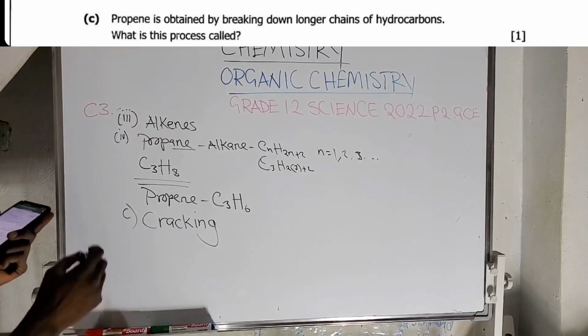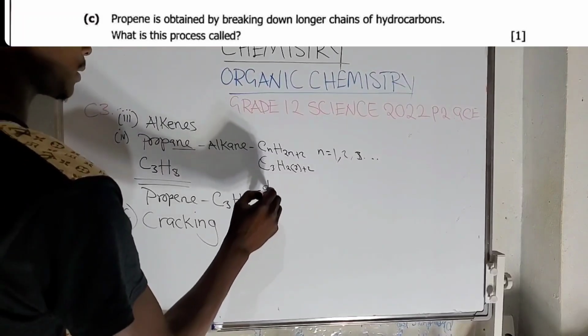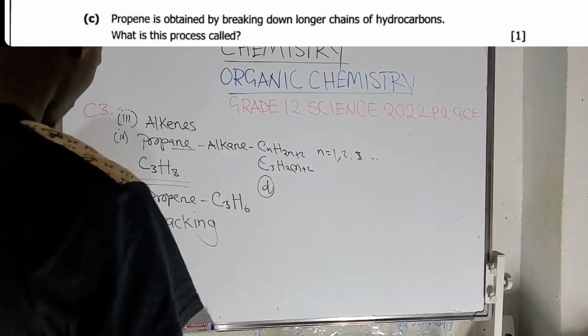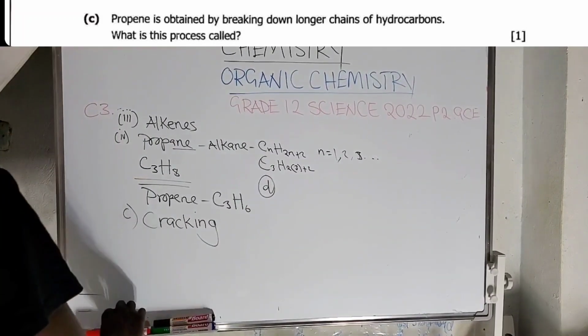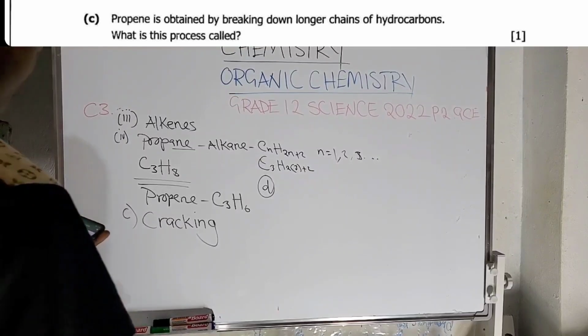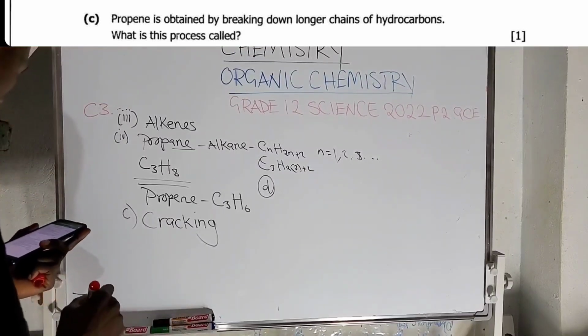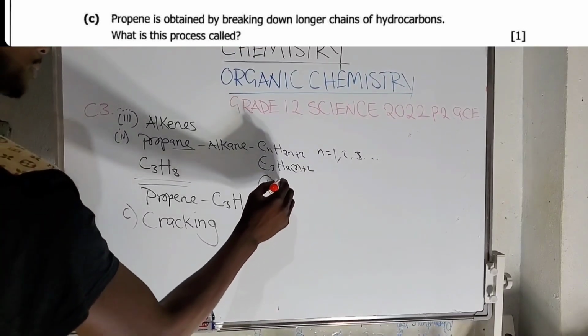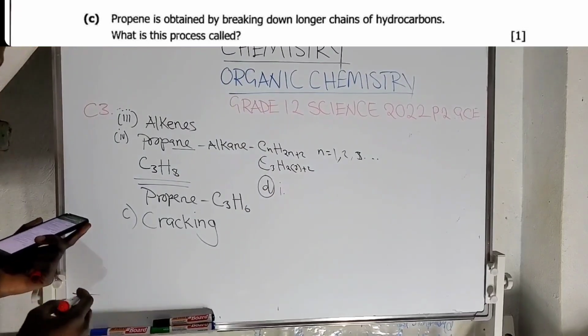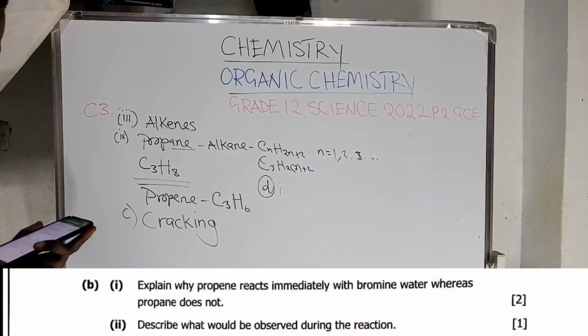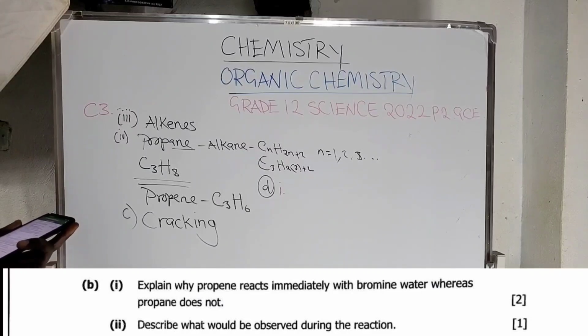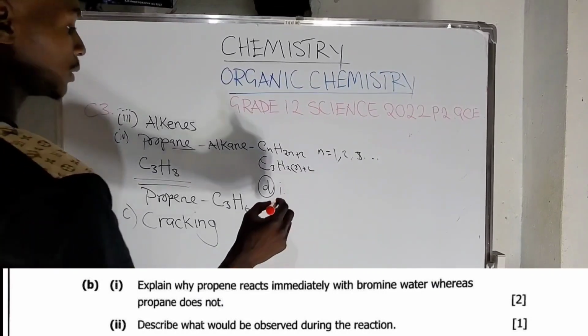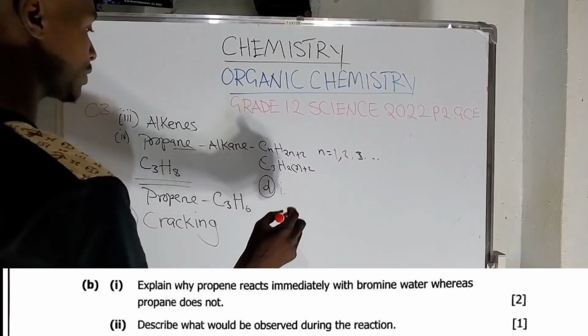Question C. Explain why propene reacts immediately with bromine water, whereas propane does not. So, the answer is very simple.